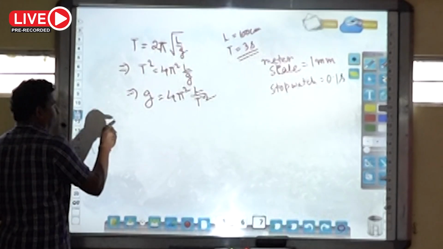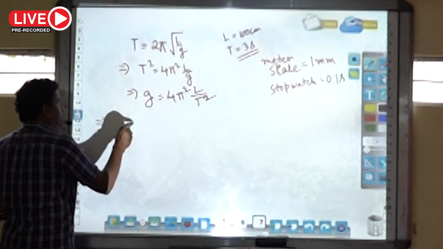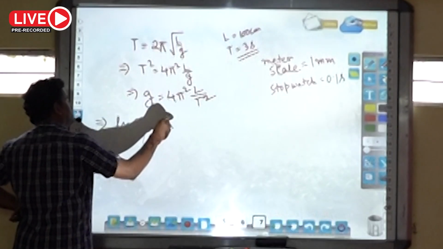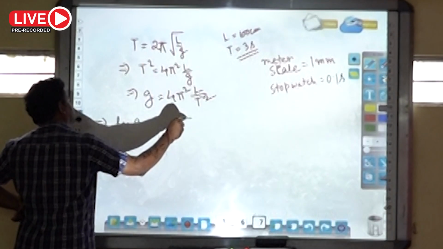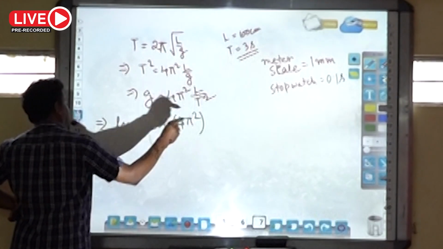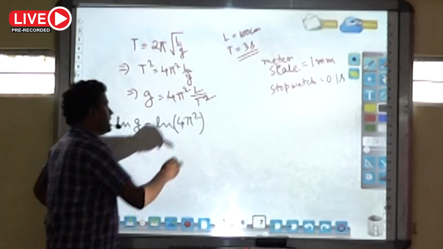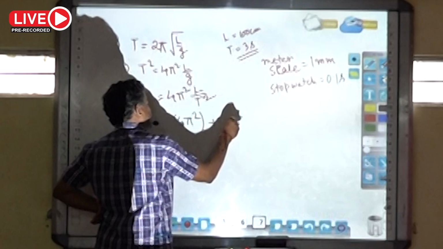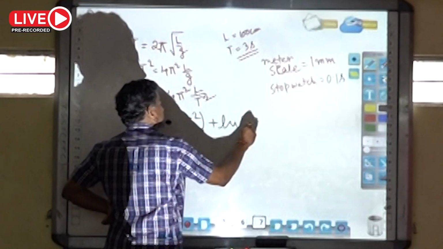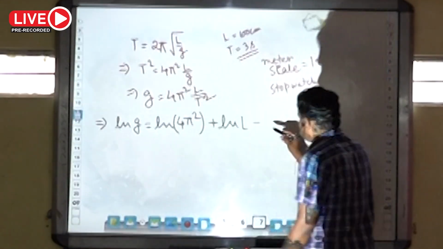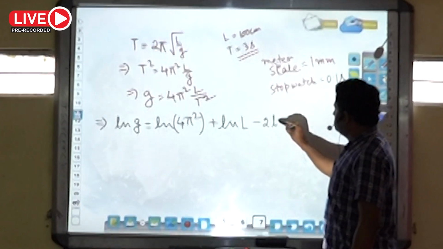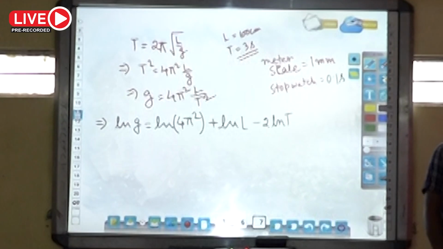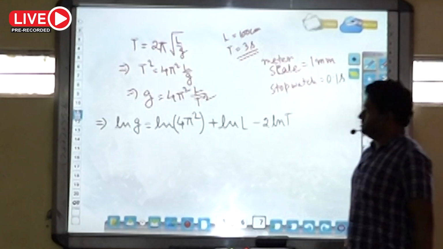first take logarithm on both sides: log g equals log of 4 pi square plus log of L minus 2 log T. Now differentiate both sides.